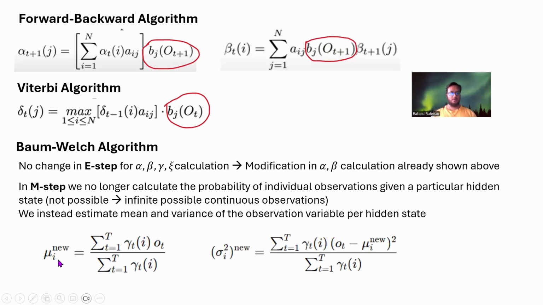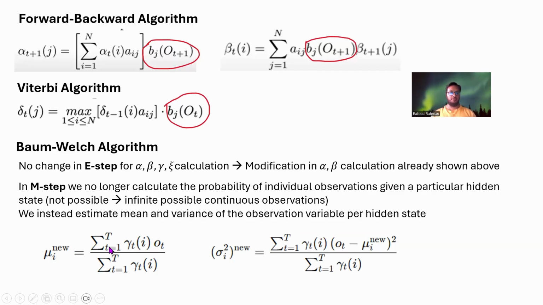For example, if we want to estimate it for state i, there can be many states, so let's assume that we are doing it for state i. We just need to multiply the observation at time step t by gamma_t(i). Gamma_t(i), as I mentioned in part 4, is the probability of being in state i at time step t.